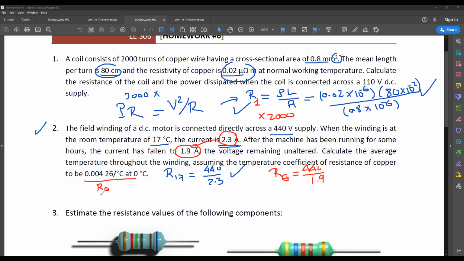R theta over R17 will be equal to 1 plus alpha 0 times theta, because this is given at 0, over 1 plus alpha 0 times 17. You have this, you have alpha 0, you have 17 here. So the only unknown is theta, and you can compute it from this equation.